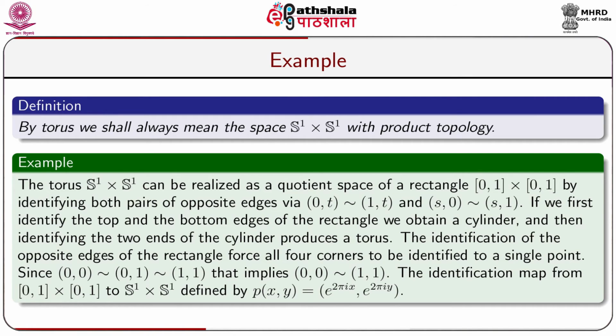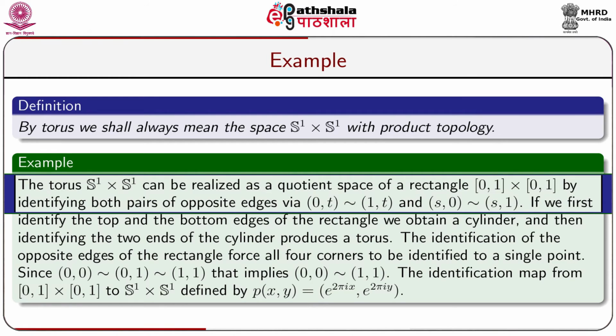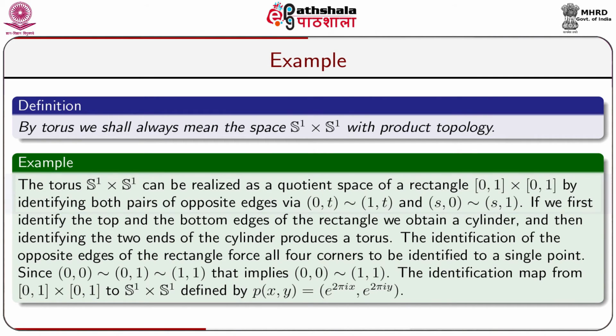Now, we like to visualize the torus as a quotient space of I cross I by identifying (0, t) with (1, t) and (s, 0) with (s, 1), where both t and s are from 0 to 1.